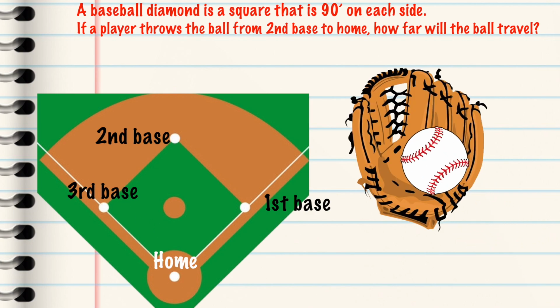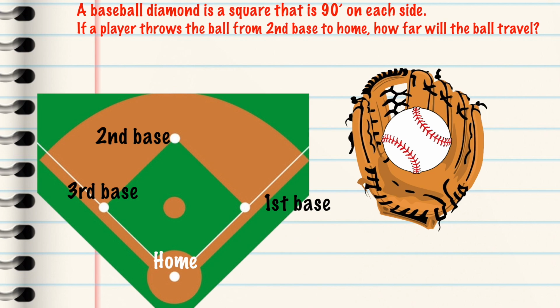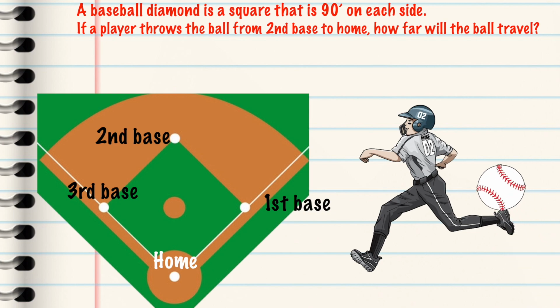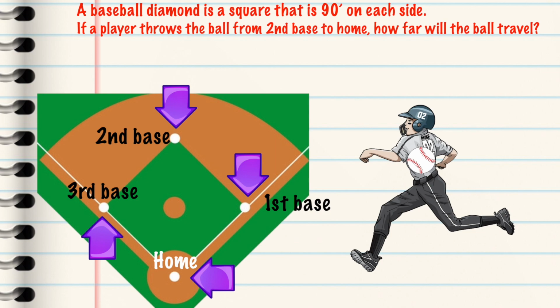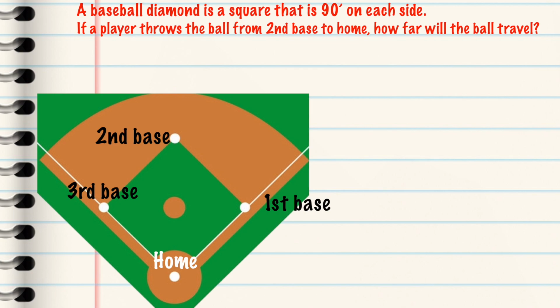The other team has to get the ball and try to tag the batter before he makes it to either a base or to home plate. If the batter is tagged with the ball before he makes it to a base or home plate, he is out. And if he makes it back to home plate, then he gets a point.